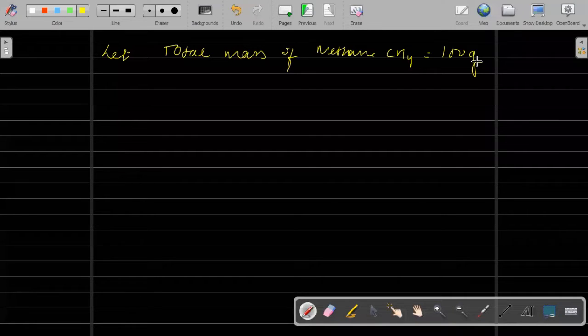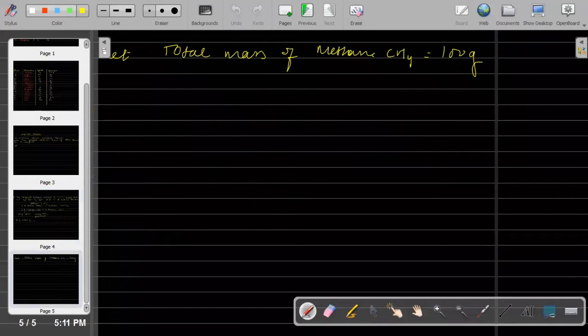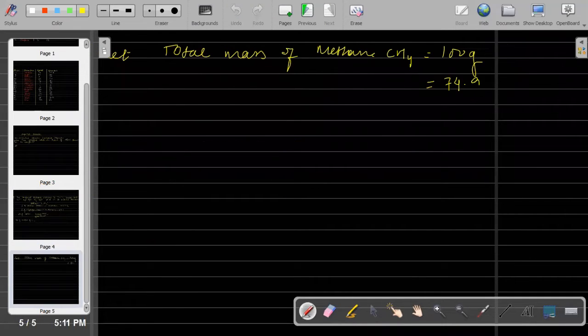So when methane is 100 grams, and carbon present is 74.9%, what is the amount of carbon in methane? It's the same as the percentage: 74.9 grams, same as the total mass of the methane.